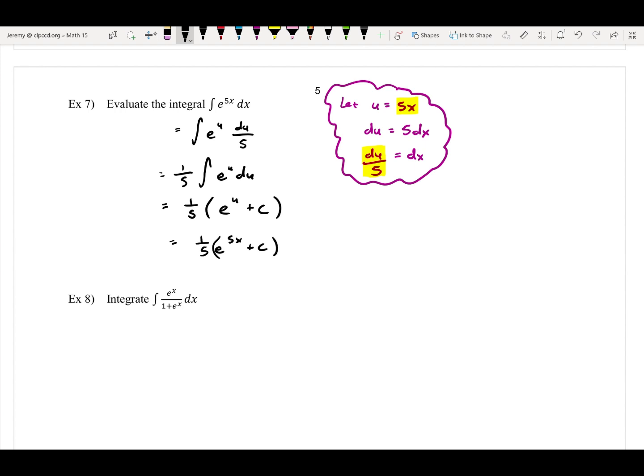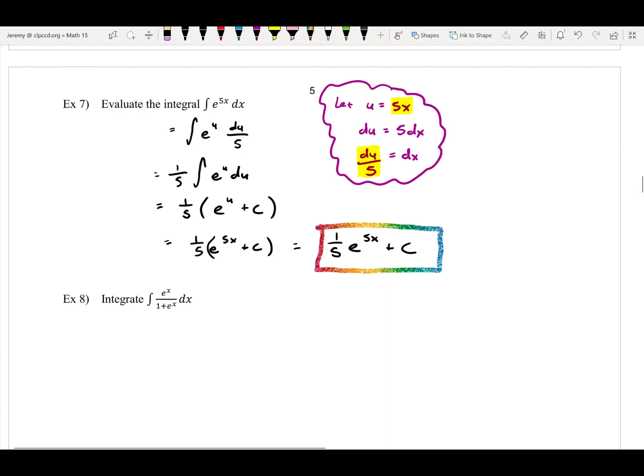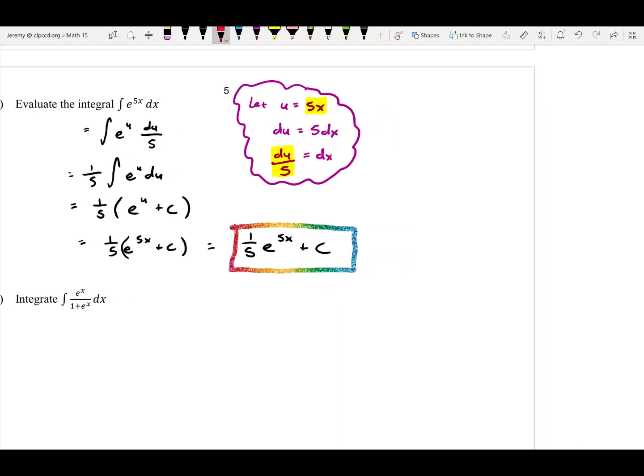You could write it like that, but I can just multiply in that 1/5 like that. I don't need to distribute it to the plus c, because c is just a constant that won't be affected by multiplying by 1/5. And this is what we get. Okay, you could always check your work by taking a derivative using the chain rule and make sure you get back to just e to the 5x.